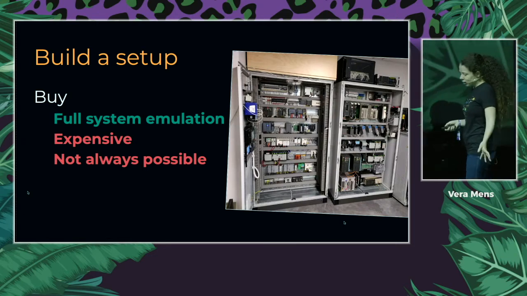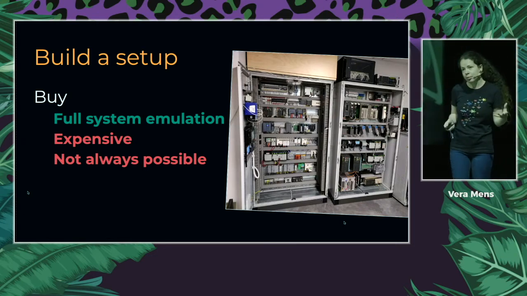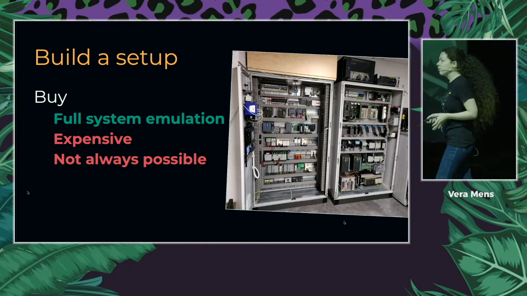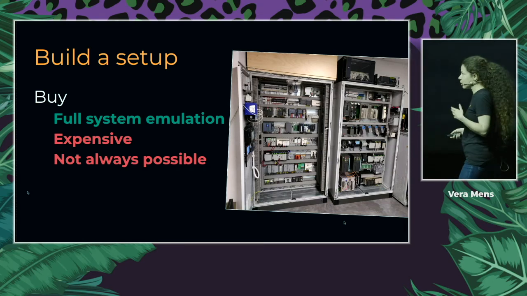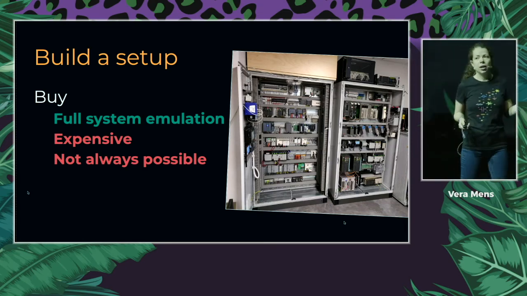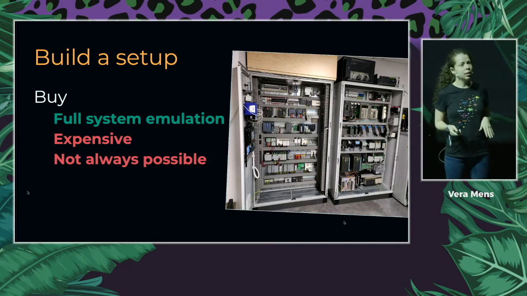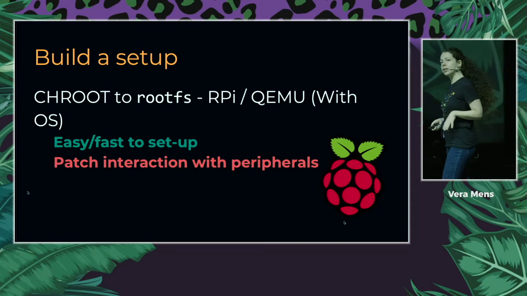But the unfortunate thing is that it's not always possible, right? Flow computers for gas are not as popular on eBay as USB cables. In this case, we understood that we had to hack the computer without an actual device. And luckily for us, there is a pretty good alternative.